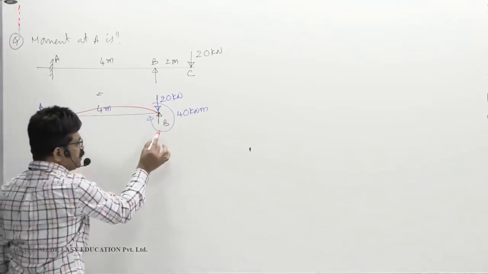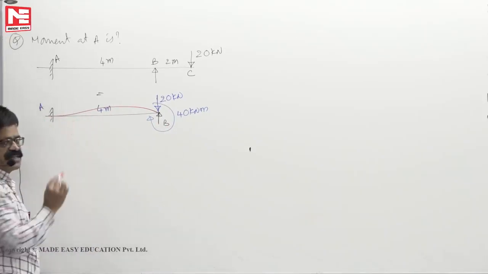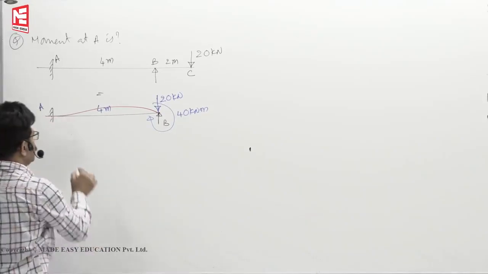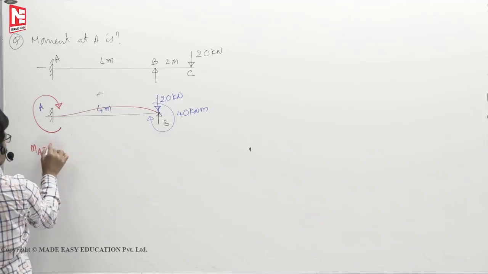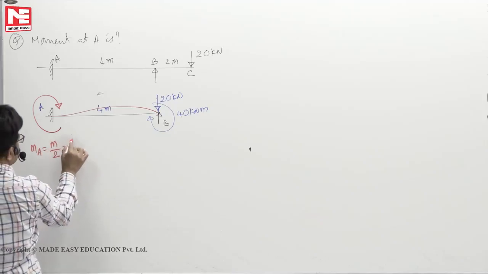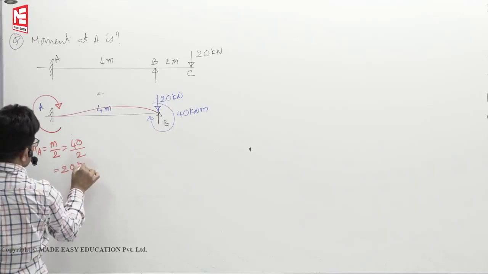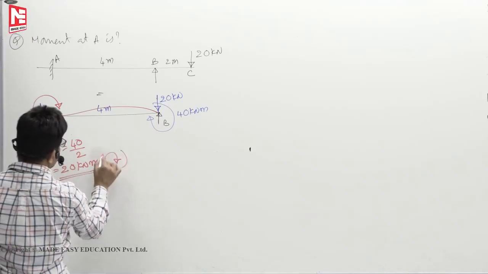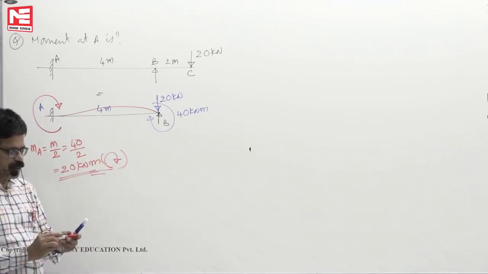But this moment, because of this profile, far end is fixed, half of the moment is carried over. That's what we told you about the carryover moment. So half the moment is carried over means MA is nothing but M by 2, 40 by 2, 20 kilonewton meter clockwise.